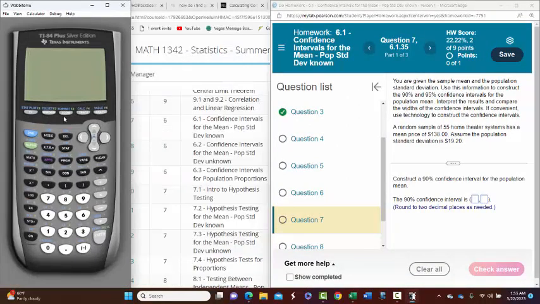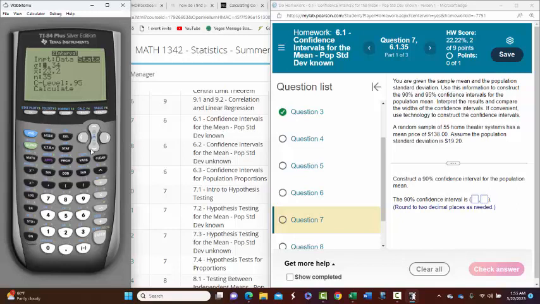And we have stat, calc. Oh, wait, test. I'm sorry, test. Excuse me. Number 7, Z interval. Stats. Stats means you're entering the summary values. We'll be using the data for the T interval in the next section, but showing an example of that. But for this, it'll be stats.